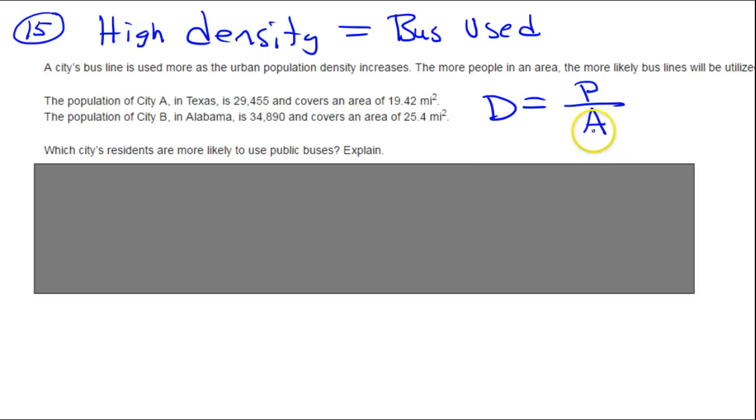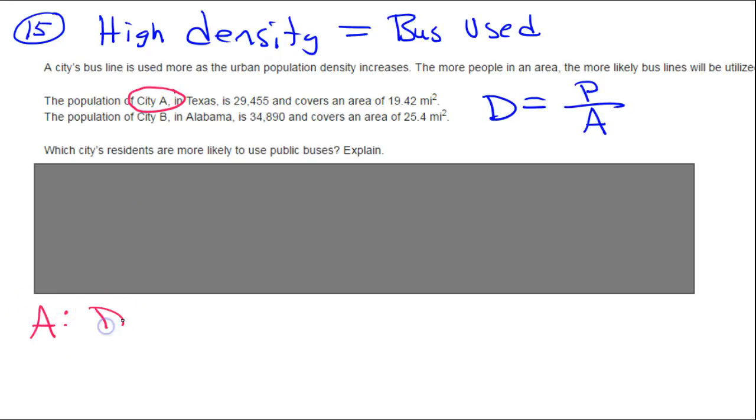Density equals population divided by area. Okay, so let's calculate the density for each one of these cities.